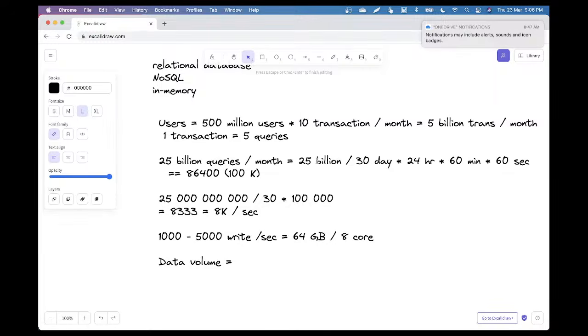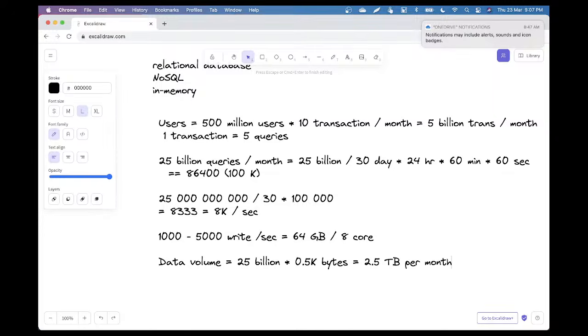We know we need 25 billion transactions per month, right? So if we say that per transaction we have, say, 1k data, then this means you need 2.5 terabytes of storage per month.